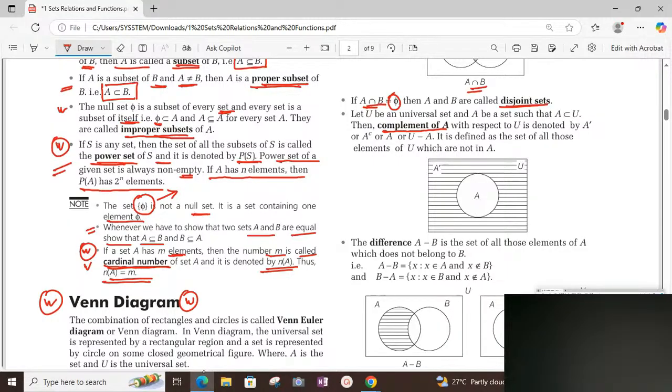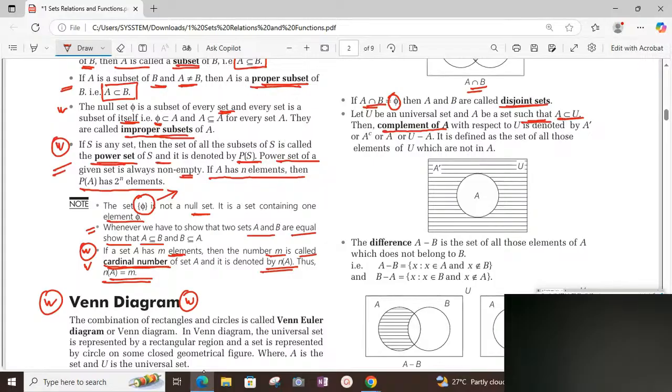Let U be a universal set and A be a set such that A is a proper subset of the universal set.